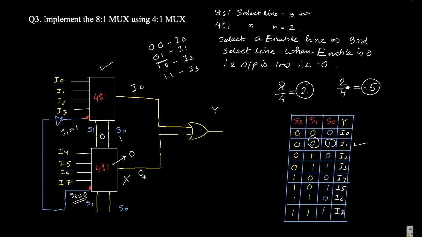Now I0 OR 0, that means Y is equal to I0 plus 0, that is nothing but I0.